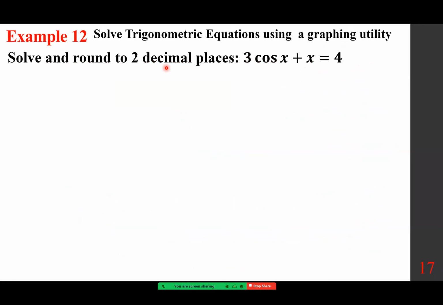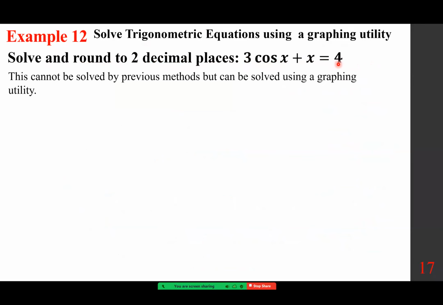Solve and round to 2 decimals again. 3 cosine x plus equals 4. This cannot be solved by algebraic method or the graphing utility as before. In fact, the methodology is to set this equal to one function like y1 and this one to y2. So we use a calculator.